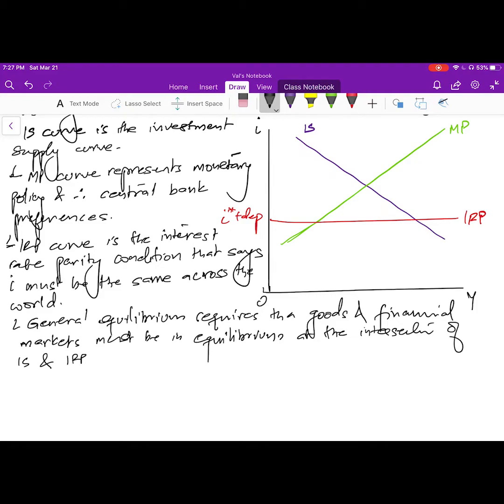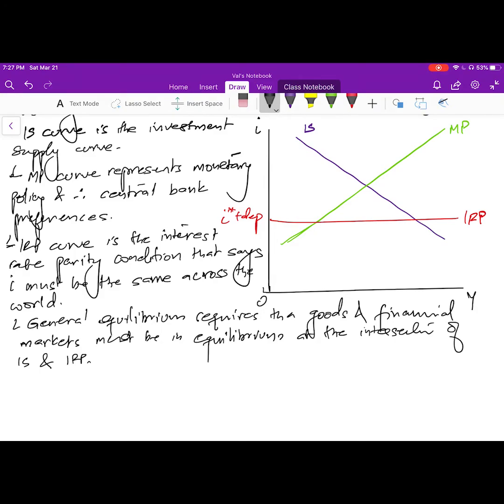Not the other way around. Whereas the IS and the IRP curves determine the equilibrium. So there's a cause and effect issue here. Our MP curve is a little bit unusual in that you think of it as exogenous.